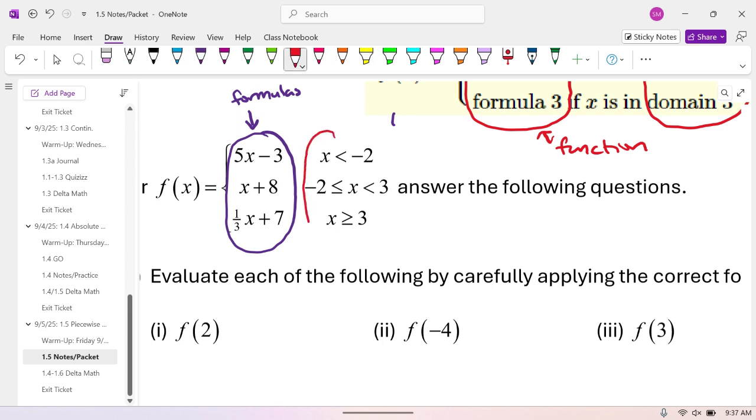And these are the 3 domains. Now, the domain that's directly next to a formula is the domain for that formula. So for example, 5x minus 3 has this domain. X plus 8 is this domain. 1/3 x plus 7 is this domain. So the ones that are directly next to each other are connected.